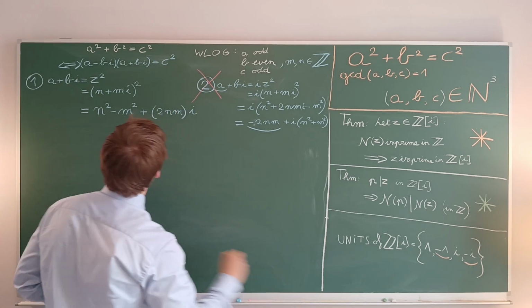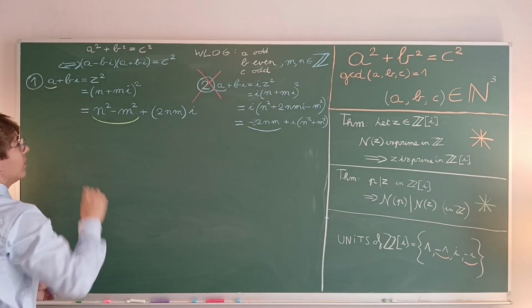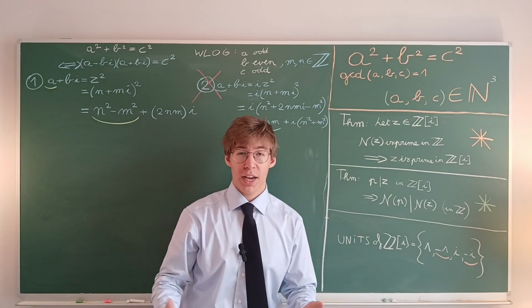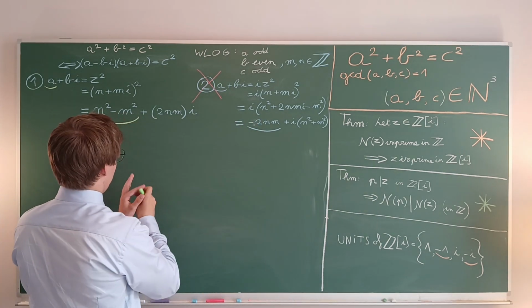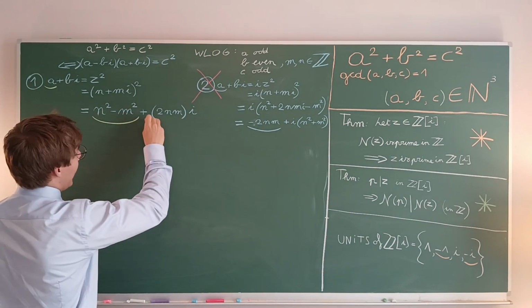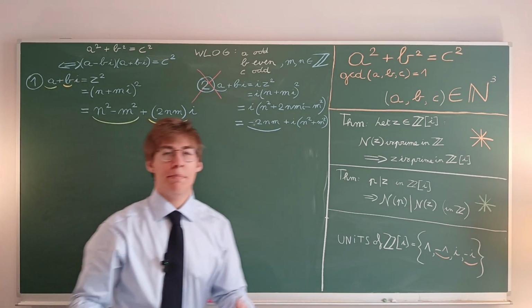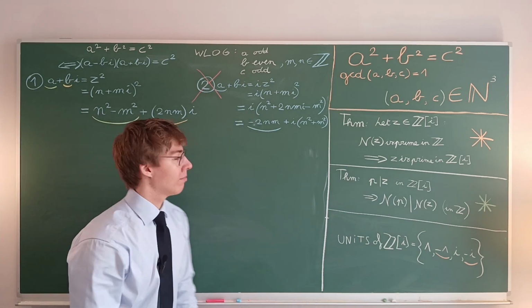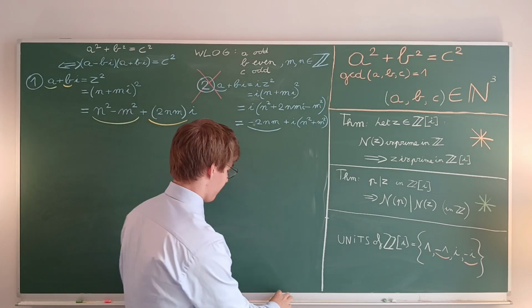Now, you can see that this has to correspond to a, which is the real part of the Gaussian integer, and this part has to correspond to b, which is the imaginary part of the Gaussian integer.